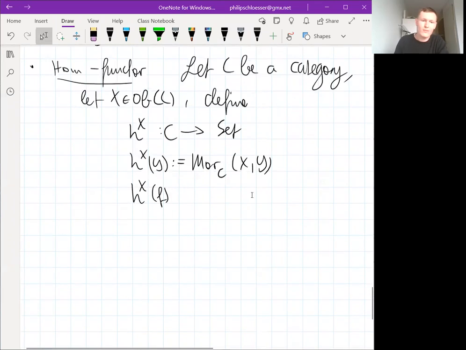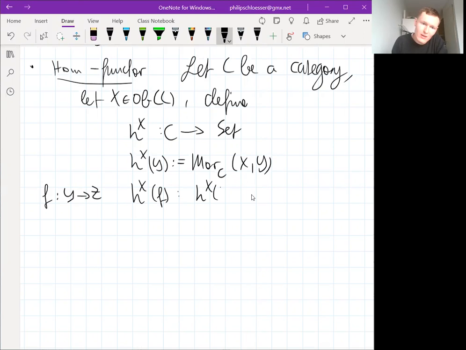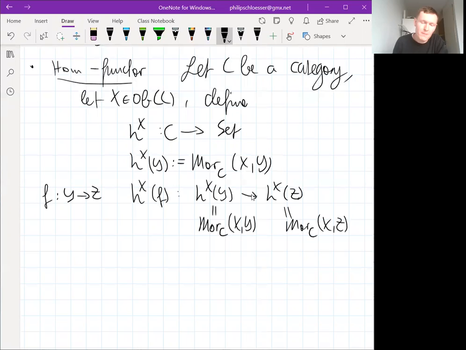Well, if f is a morphism from Y to Z, then hX of f should go from hX Y to hX Z, the morphisms from X to Y, to the morphisms from X to Z.